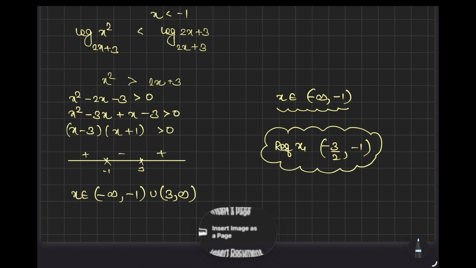Okay. Now we will go with case 2. So case 2 is what? Case 2: 2x plus 3 has to be greater than 1. This means 2x greater than minus 2, x greater than minus 1. So we will solve this case, and whatever answer we get, we will take the intersection with the given domain, and then the answer of case 1 union the answer of case 2.